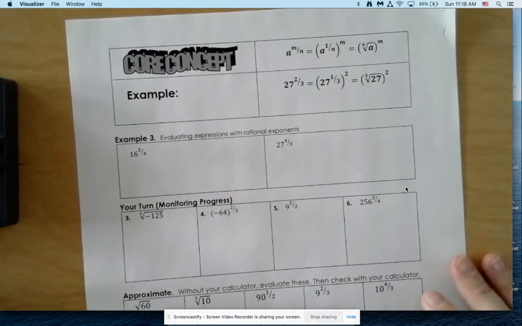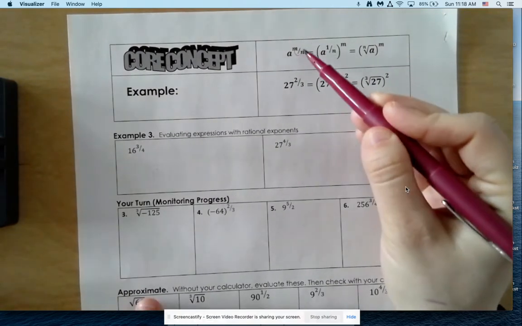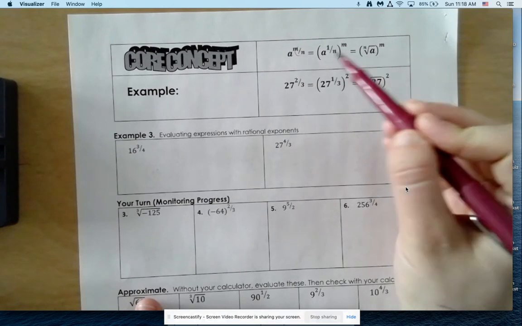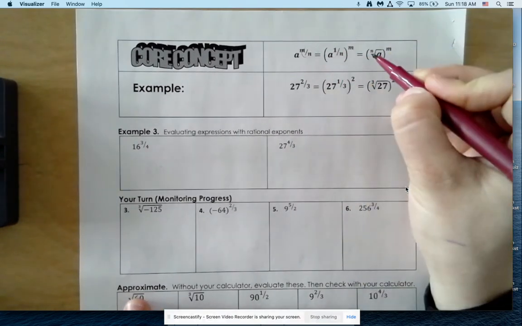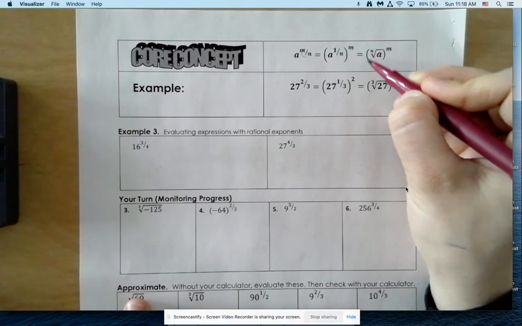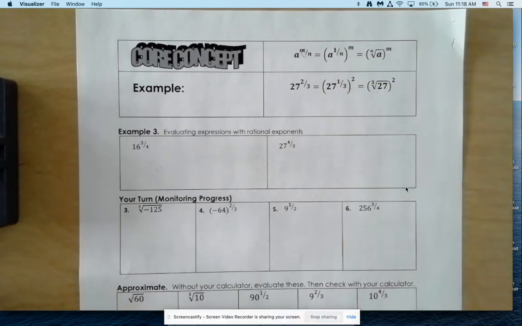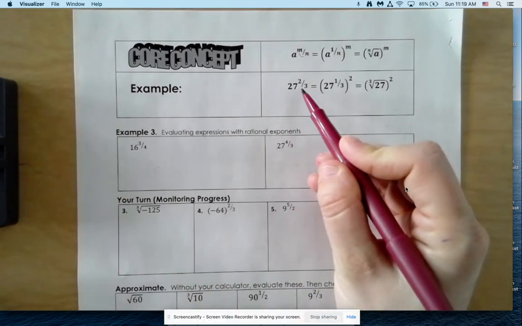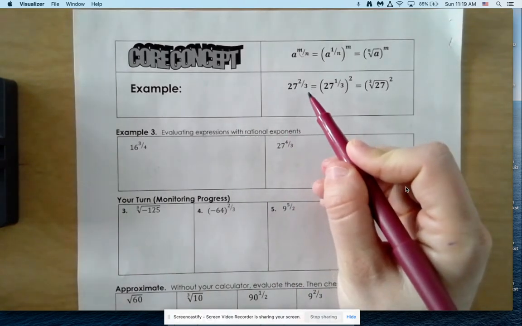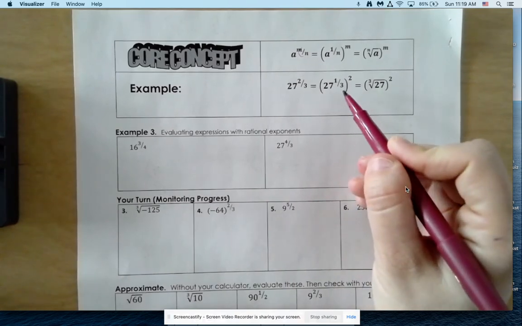So we've already kind of talked about this, but they're just breaking it down for us one more time. If we have a rational exponent like this, it's really like taking the small number, or the denominator, throwing it in front of our radical and taking that whole expression to the power of your numerator, right? So 27 to the 2/3 power is really taking 27 to the 1/3 power and then squaring it.